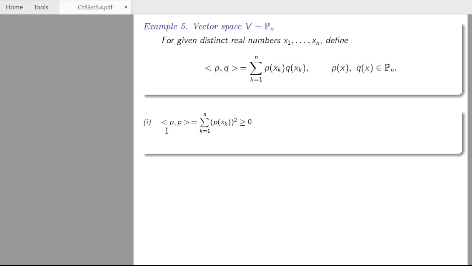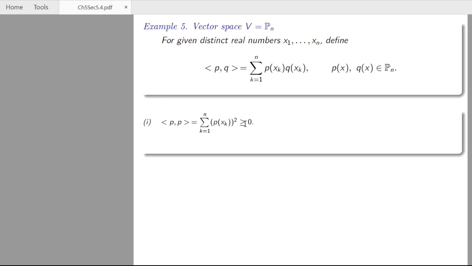The first part of property 1 is simple, which means we take q equal to p. In that way, we get the operation between p and itself equal to the summation of squares of p(xk). Because p is a real valued polynomial, the square is for sure non-negative, and we get that this sum of squares is non-negative.